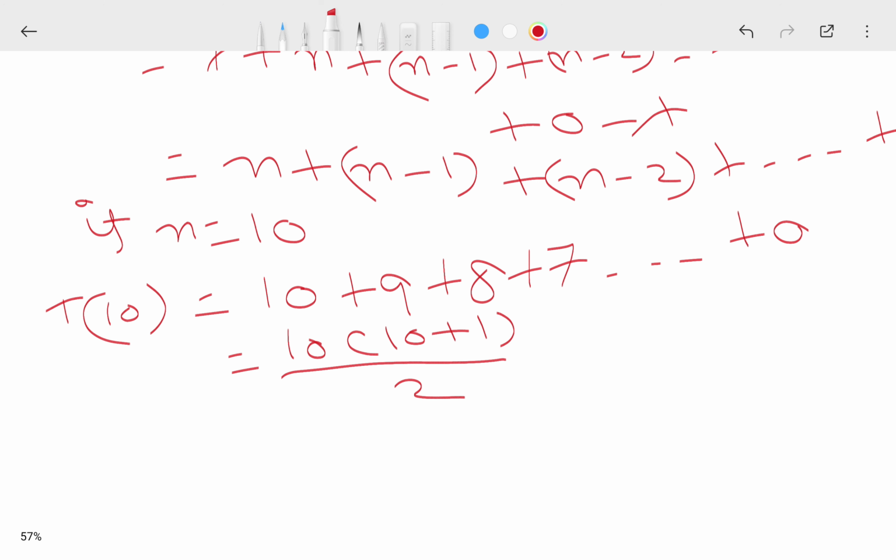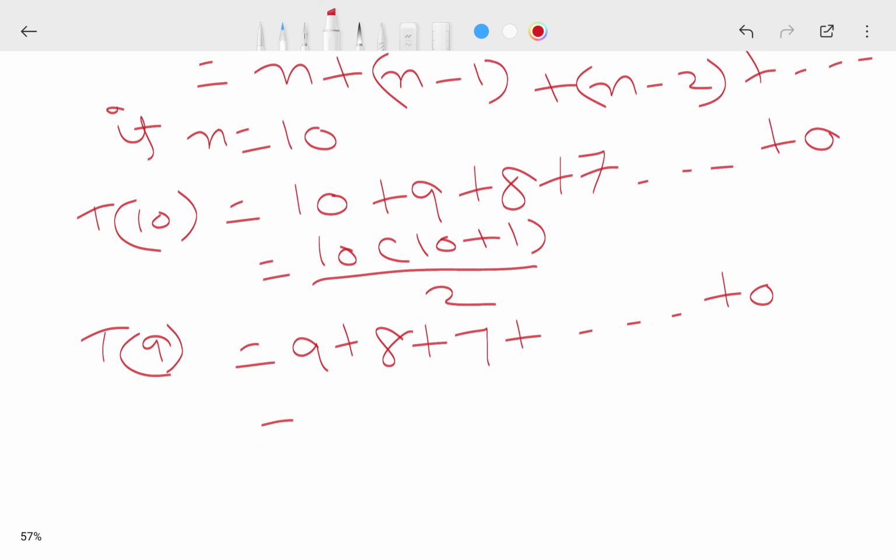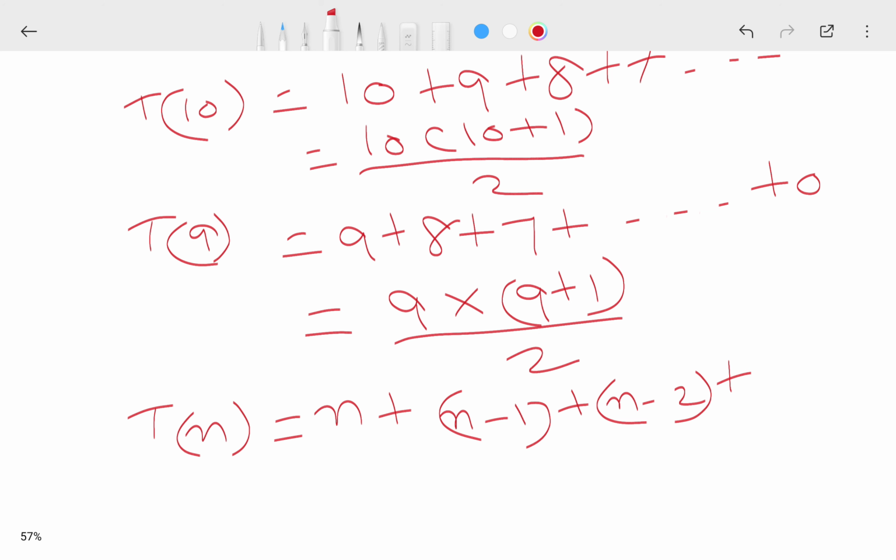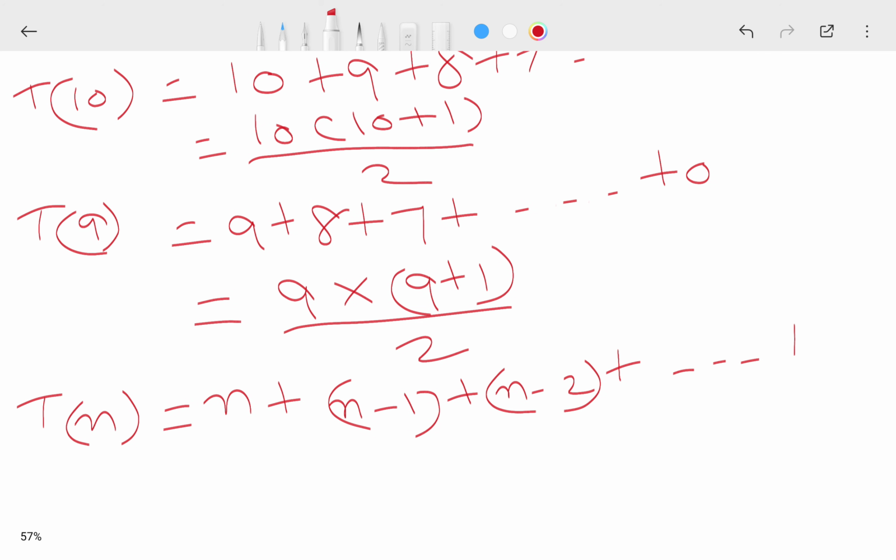If n equal to 9, it will be 9 plus 8 plus 7 plus up to plus 0, which is 9 into 9 plus 1 by 2. So in general, t of n is nothing but n plus n minus 1 plus n minus 2 plus up to 0.